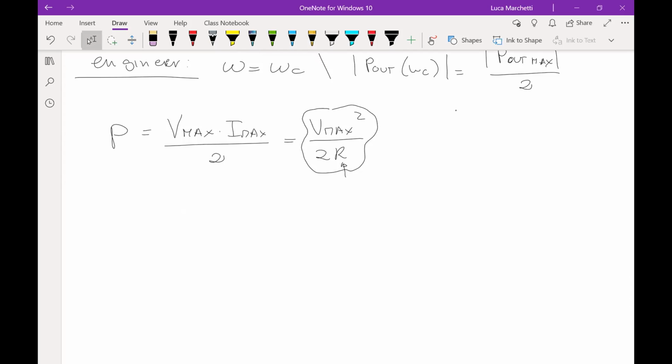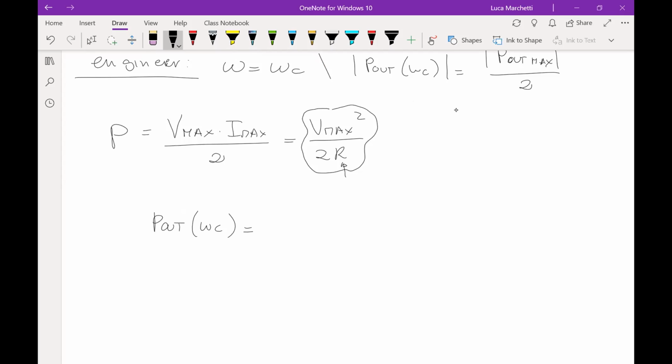So what about the power at the output of our filter? Of course, what we have to do is calculate the power at omega c.